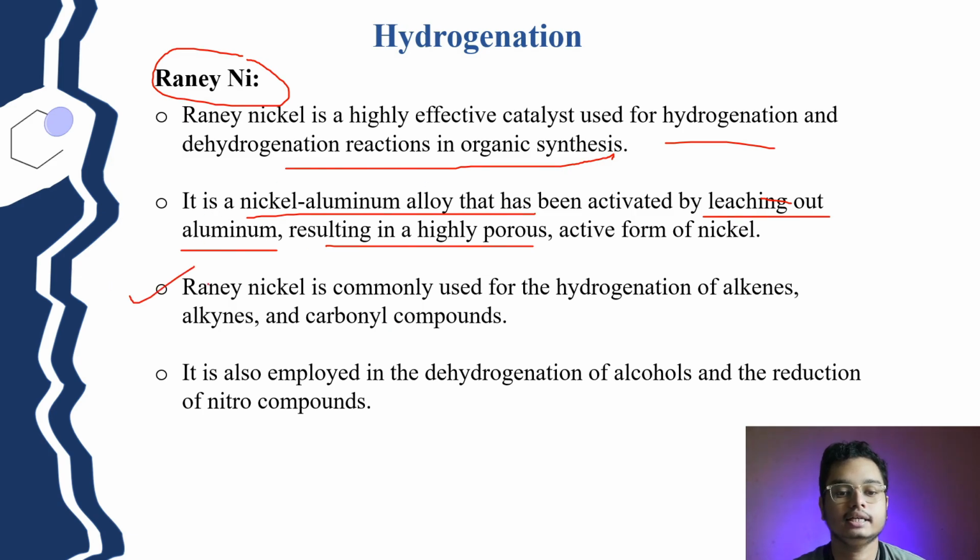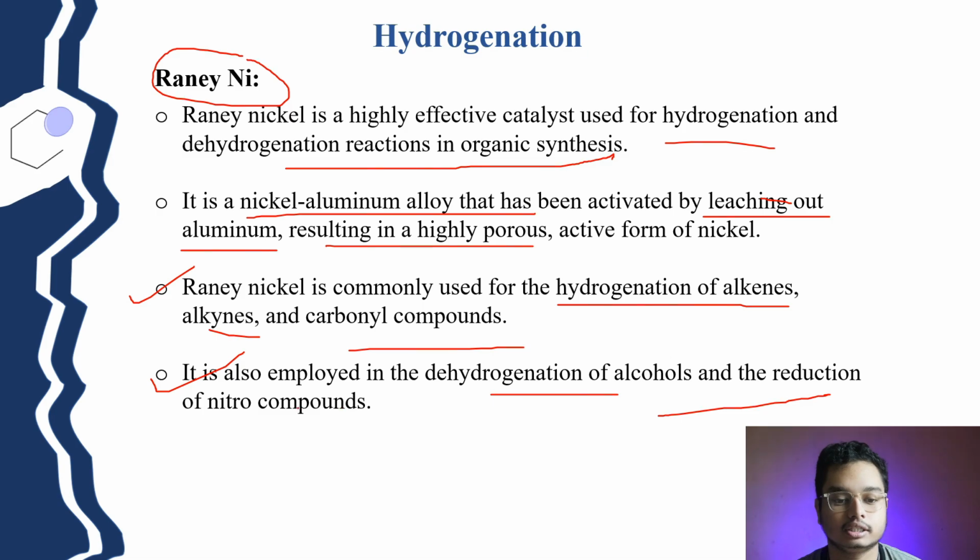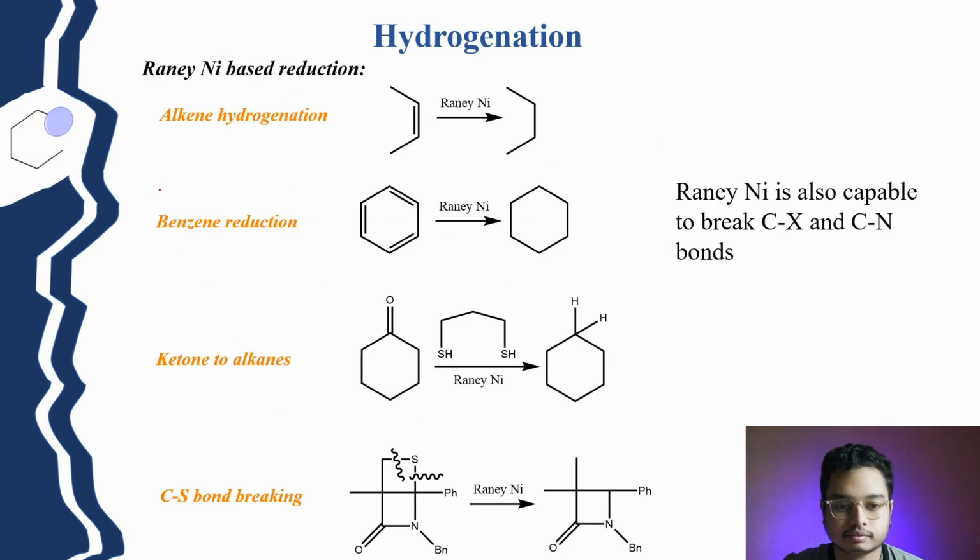Raney nickel is commonly used for the hydrogenation of alkenes, alkynes and carbonyl compounds, and it is also employed in the dehydration of alcohol and the reduction of nitro compounds. If anyone is interested in Raney nickel preparation, they can find a very good video on YouTube on how to prepare Raney nickel.